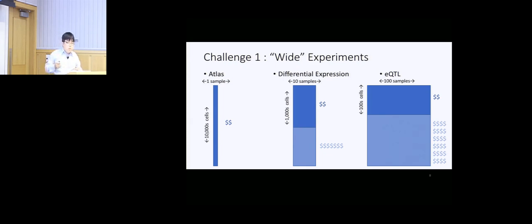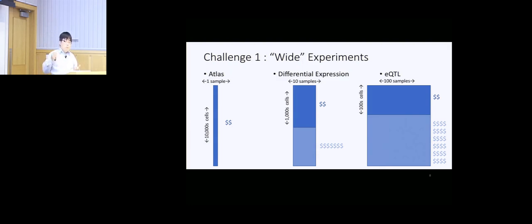But if you are interested in some kind of differential expression analysis, where you have a typical case control or 2 different conditions and try to compare the gene expression between the conditions and identify what genes are differentially expressed, you need some reasonably large amount of samples to do that analysis.